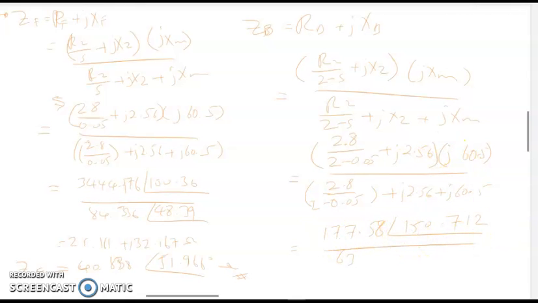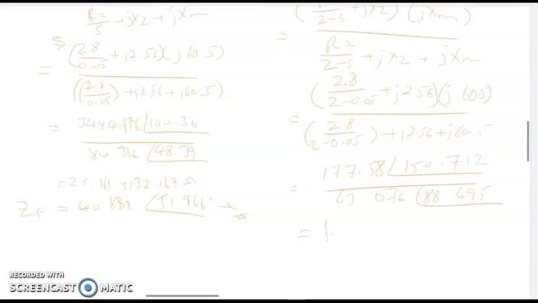Then you divide by the below value, which you solve part by part: 2.8 divided by this one, get the answer, plus this one, get the answer, plus this one, get the answer, put it here. And so 63.076.